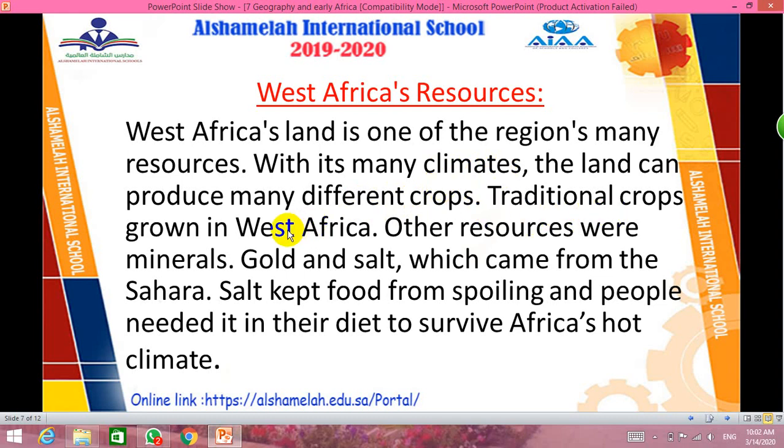Traditional crops are grown in West Africa. Other resources were minerals, like what? Like gold and salt, which come from the Sahara Desert. Salt kept food from spoiling, and people needed it in their diet to survive Africa's hot climate.